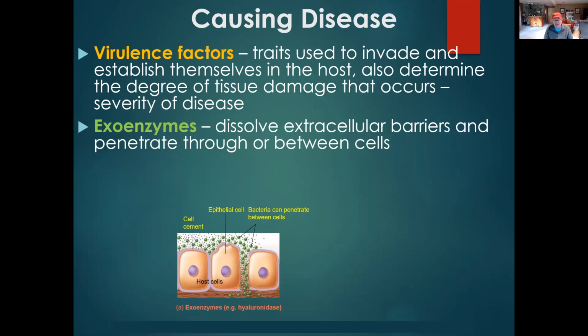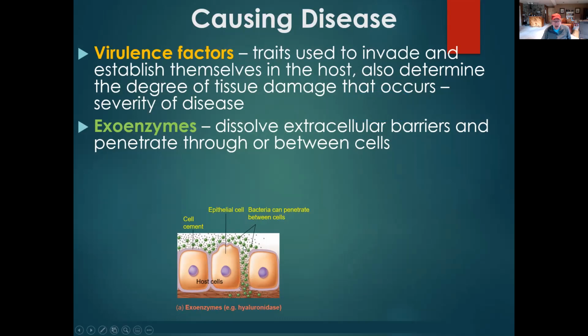One type of virulence factor that some pathogens make use of are enzymes that they secrete externally, so-called exoenzymes. And so here we've got some host cells. We'll have bacteria colored here in green. And as a result of these enzymes that have been secreted by the bacteria, the action is to dissolve this initial barrier that existed between the outside of the tissue and the inside of the tissue.